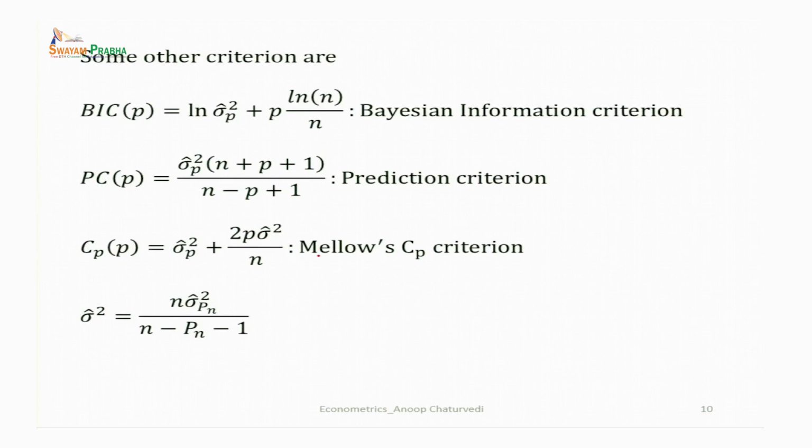You may also use Mallow's Cp criterion, which is defined as Cp(p) = sigma hat square(p) + 2p sigma hat square/n, where sigma hat square = n sigma hat square(p_n)/(n - p_n - 1). So, remember the maximum lag length which we have considered is p_n, and then this is the estimator of sigma square_u based on the maximum lag length.